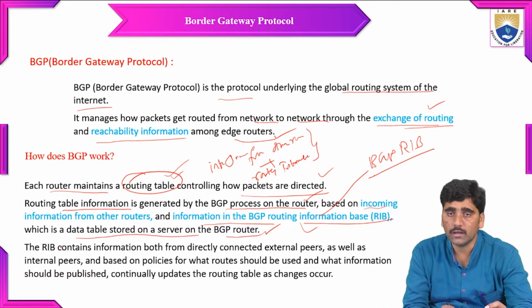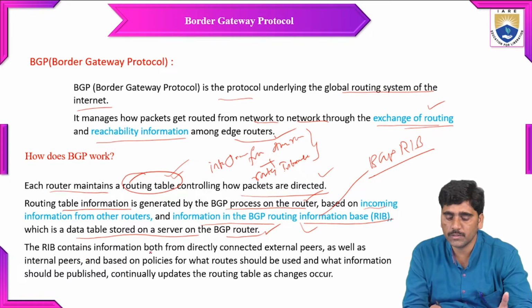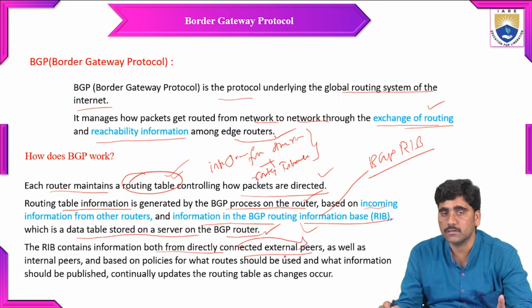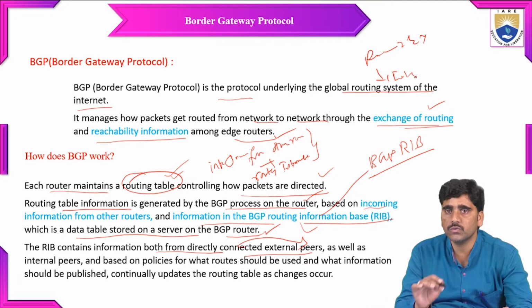The RIB contains what type of information? Information from both directly connected external peers as well as internal peers. That means routers connected to the external side and routers connected to the internal side.